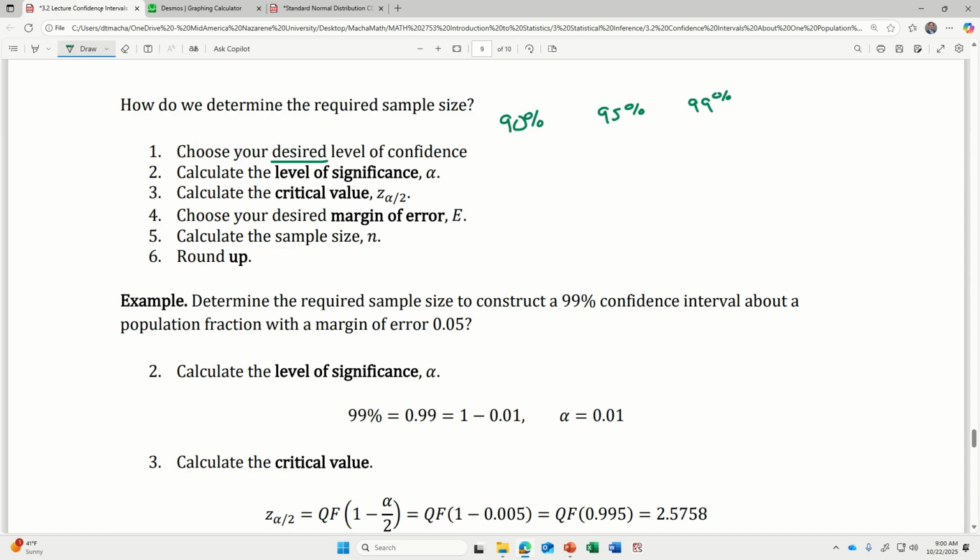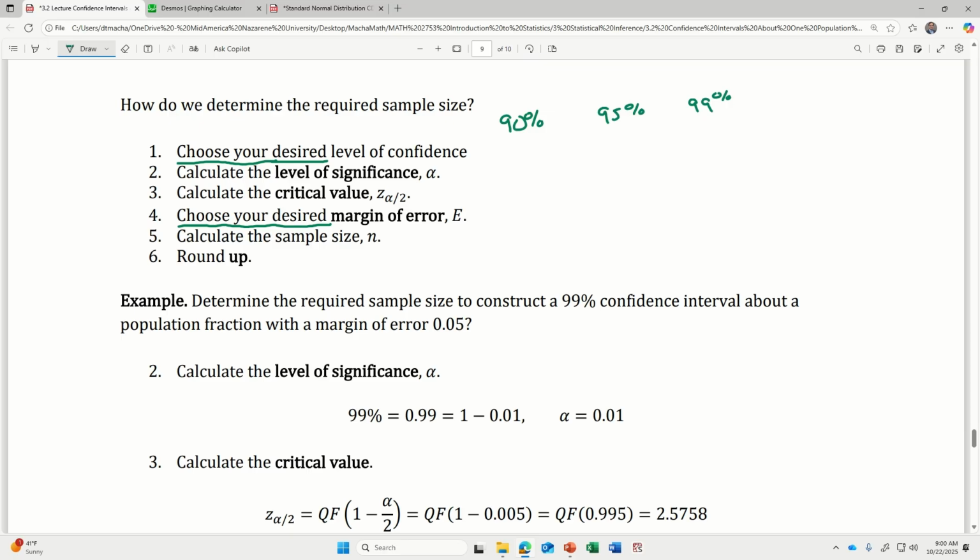And then we've got another point where we have to choose your desired margin of error. So before we conduct the experiment, we can decide what the margin of error on our confidence interval is going to be. Do we want a big margin of error or do we want a small margin of error?